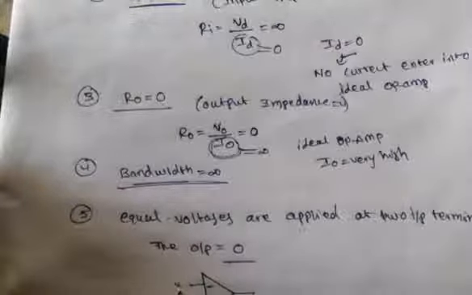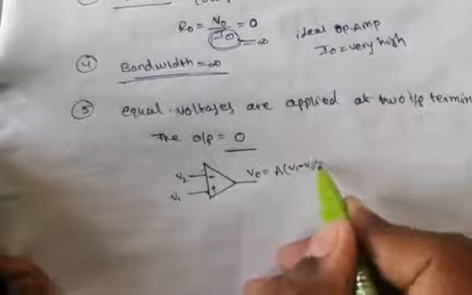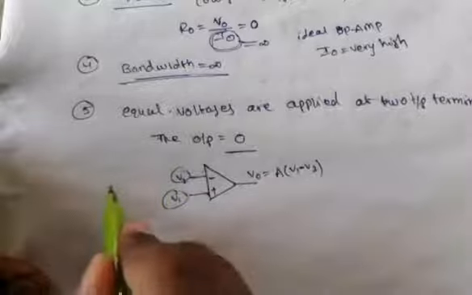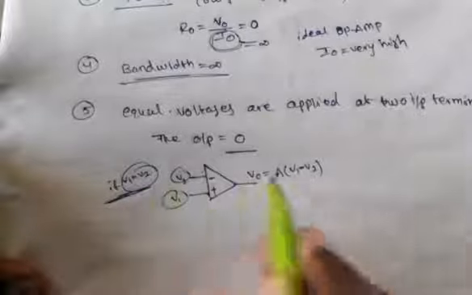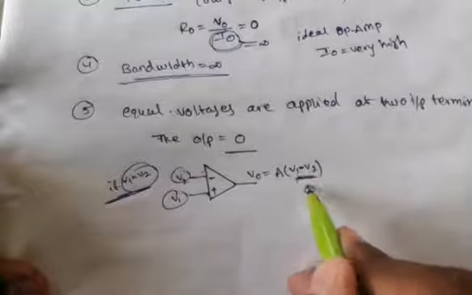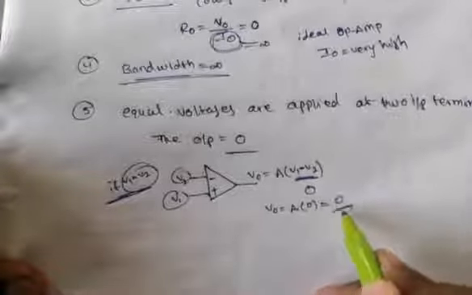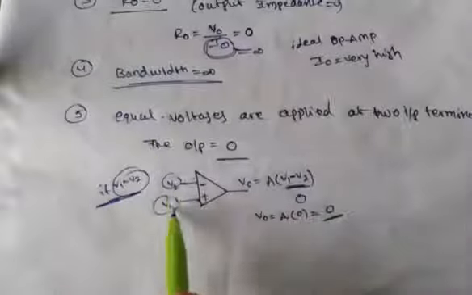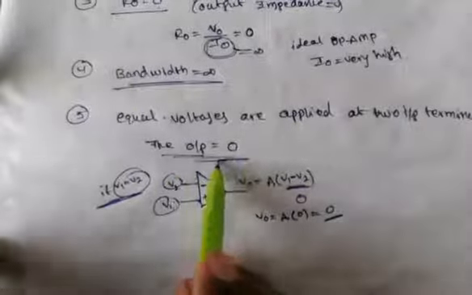These are V1, V2, and the output voltage is the gain times V1 minus V2. When these two potentials are equal, that is V1 is equal to V2, the corresponding difference should be 0. So output voltage is equal to gain times 0, which is 0. When equal voltages are applied at these two input terminals, the corresponding output voltage should be 0.